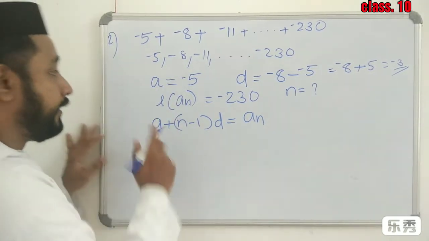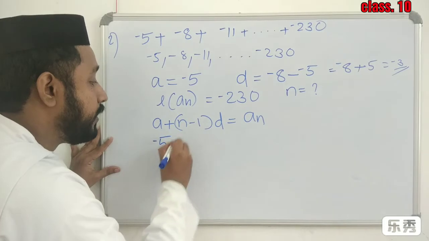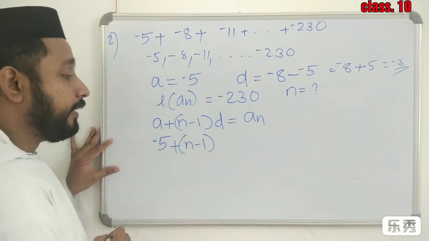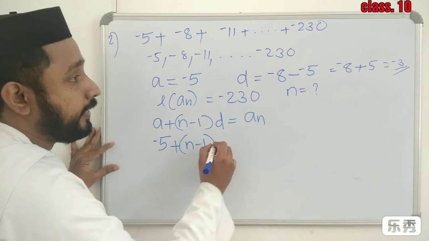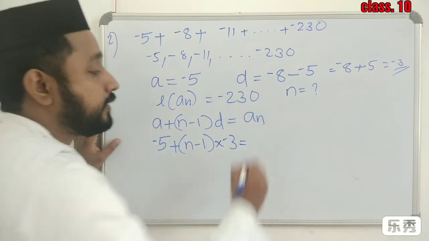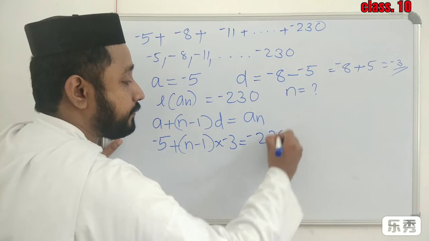So what is a? a is minus 5 plus n minus 1, we don't know the value of n, so n minus 1 into d, d is minus 3, which is equal to an. an is minus 230.